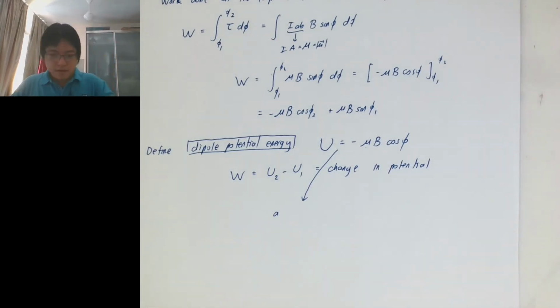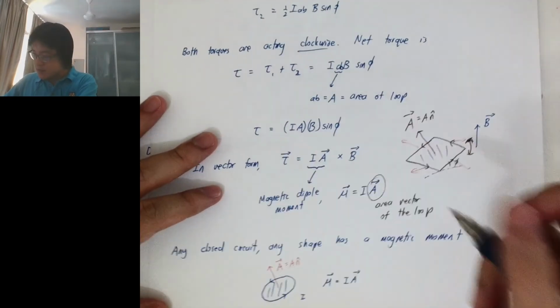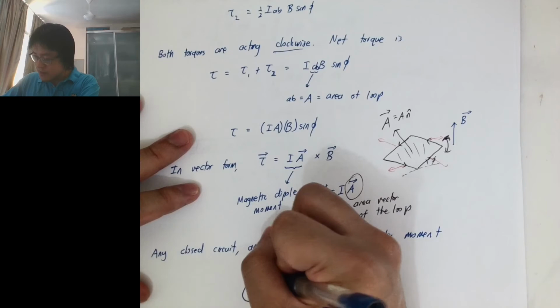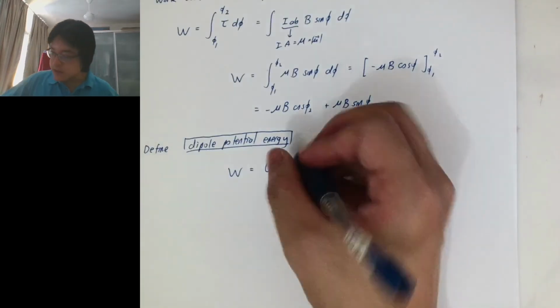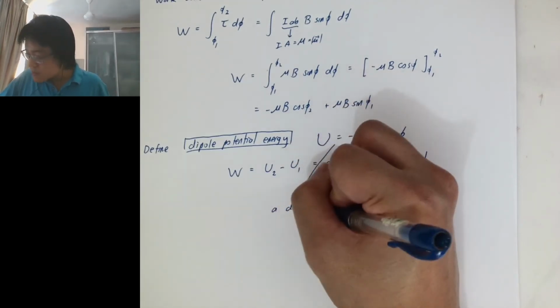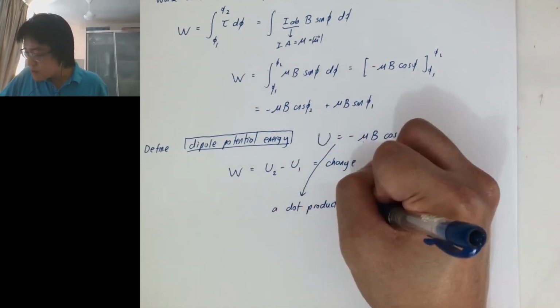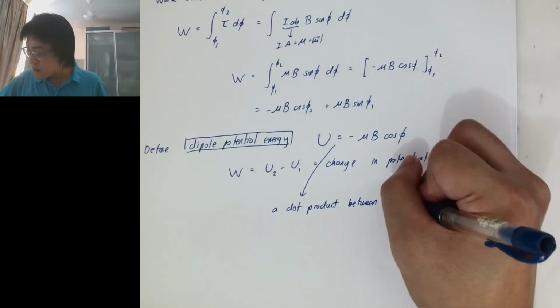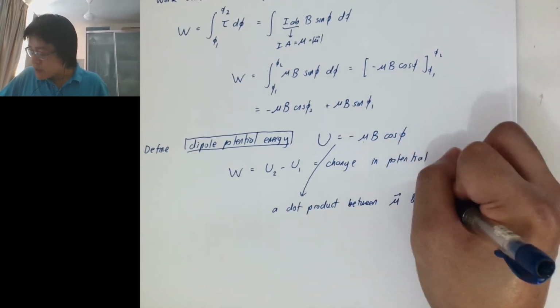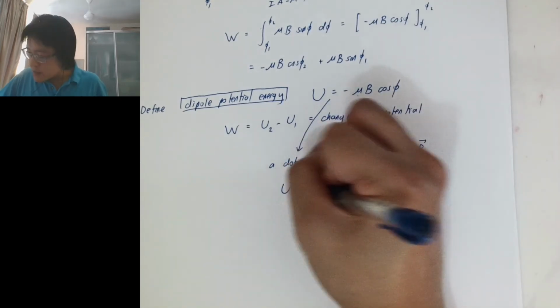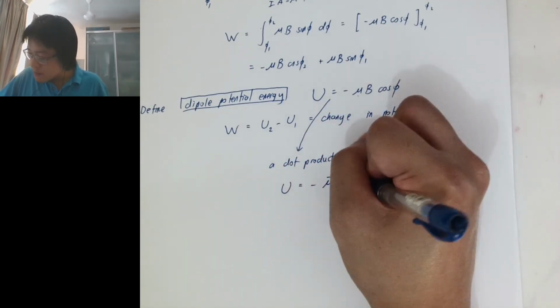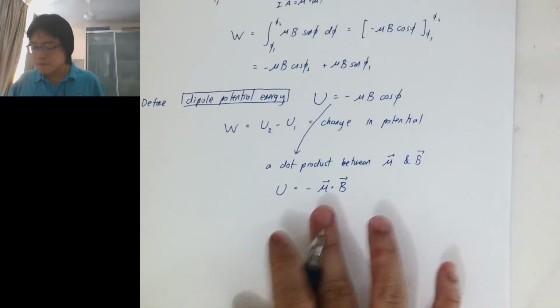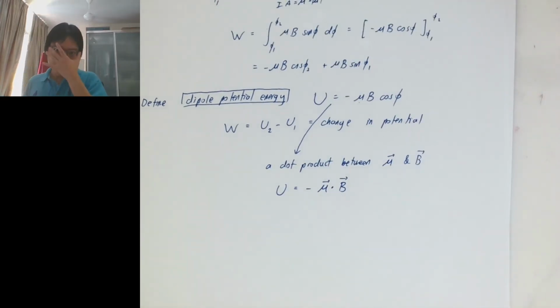I forgot to draw it over here. Not very convenient, but yes, it's the angle between the two vectors. So this is actually a dot product between mu and B. So the potential energy is equal to negative mu dot B.